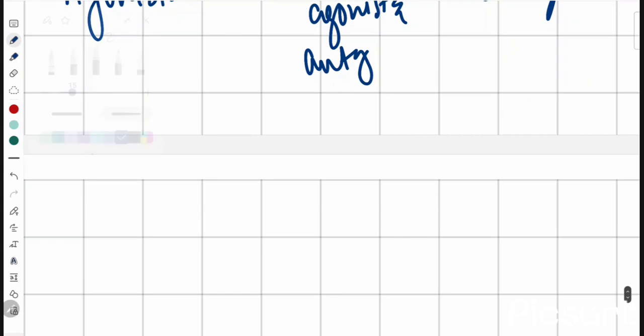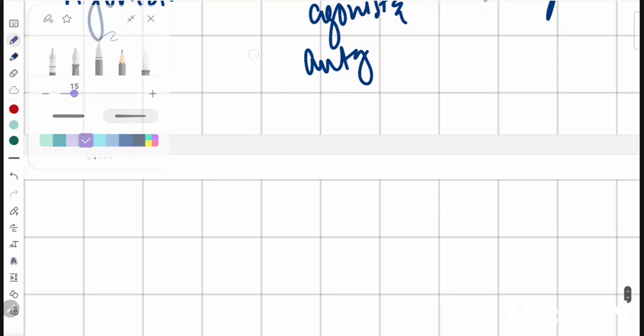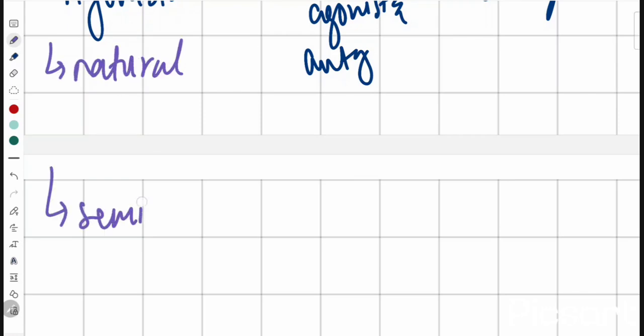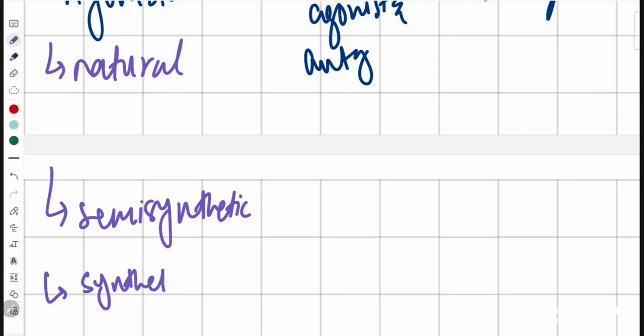So for agonists we have natural, semi-synthetic and synthetic.